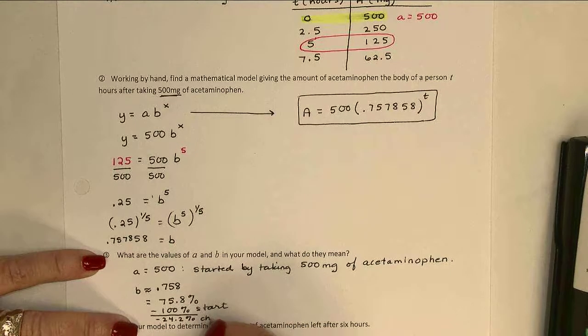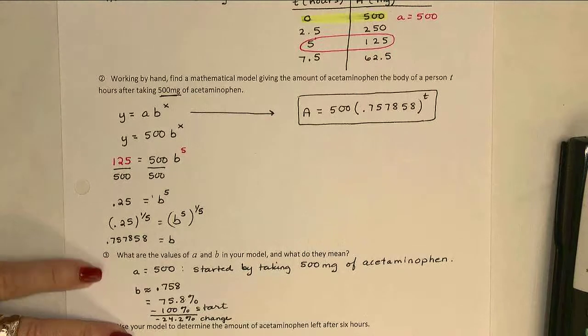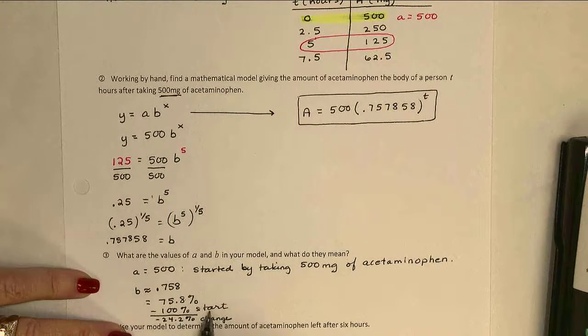Which represents the change. Right? Take our B, take out the 100% that we started with, and that gives us our change. That means the amount of acetaminophen is decreasing by 24.2% per hour, since our units of time in this problem are hours.